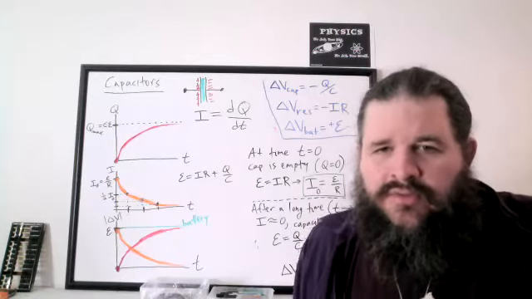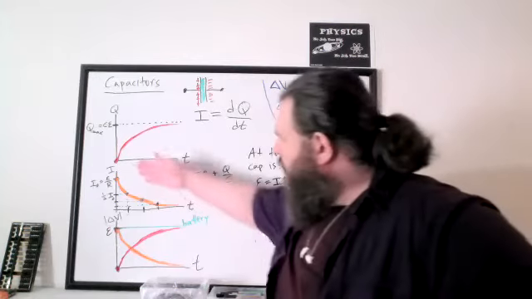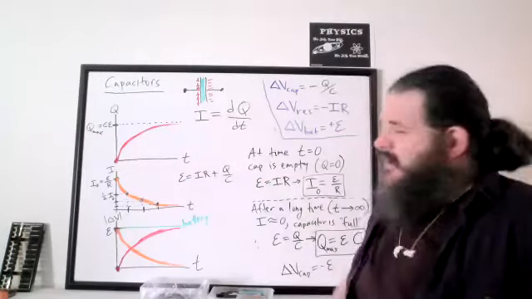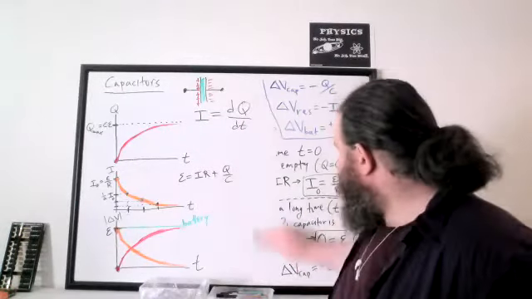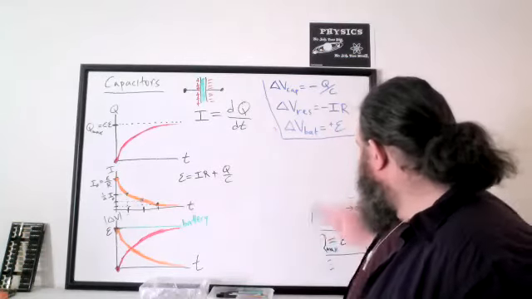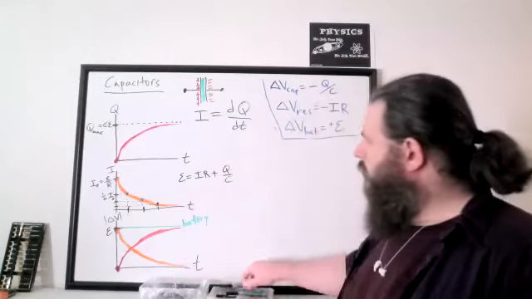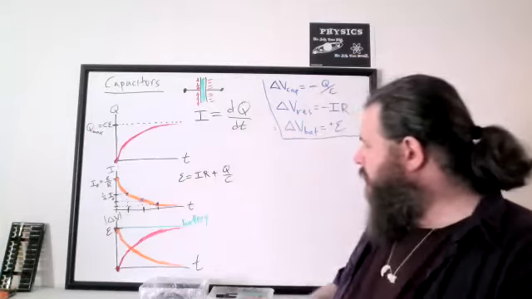What equations to use? We know that this is going to be exponential. This is definitely exponential decay towards 0, exponential decay towards c times epsilon. So we can write this as exponential decay. And let's try that out. The current, I think, is going to be the easier one because it's approaching 0.